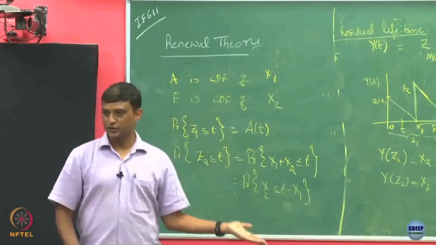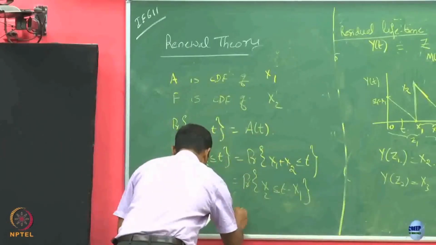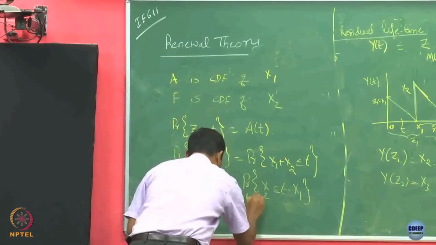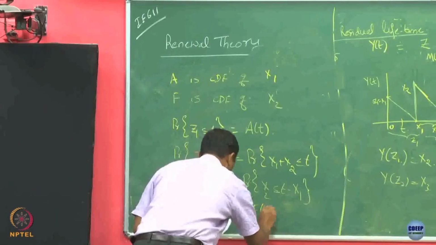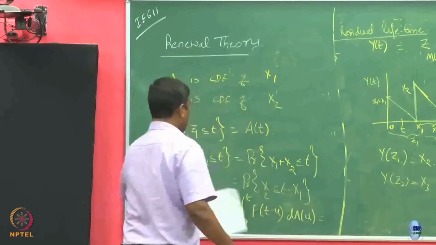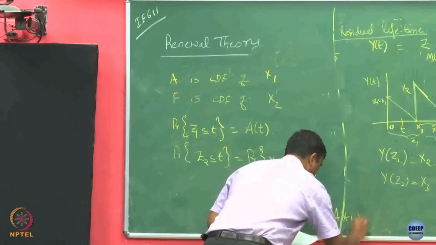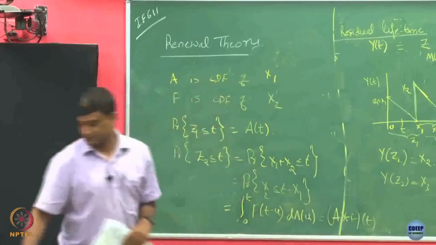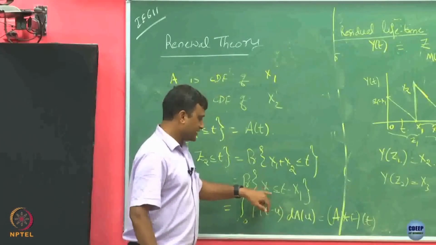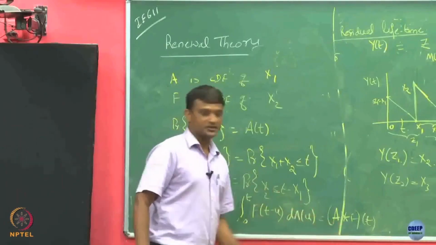You will end up with the integral from 0 to t of F of t minus u dA of u. This is a simplification, which I can think of as a convolution of A and F at time t. You can express it as a convolution of your distributions A and F here.